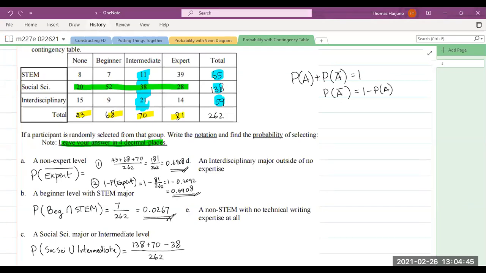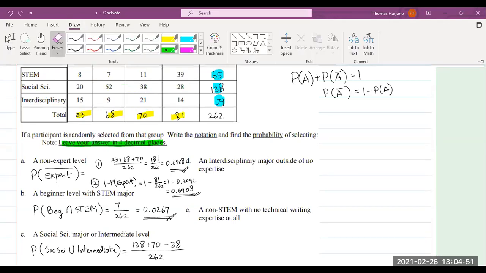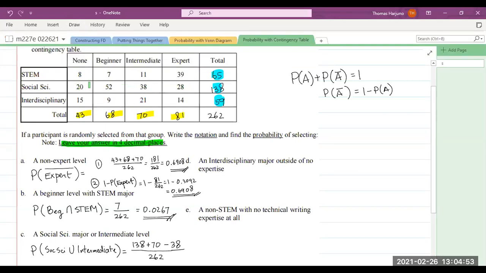Okay. Now, of course, you can also do it this way. Let me erase this. You can also add all these numbers here. You add social science, this guy, this guy, this guy, this guy, plus intermediate, this guy, this guy. So you add those 6 numbers. You will get the same result with the technique I had earlier. Okay.